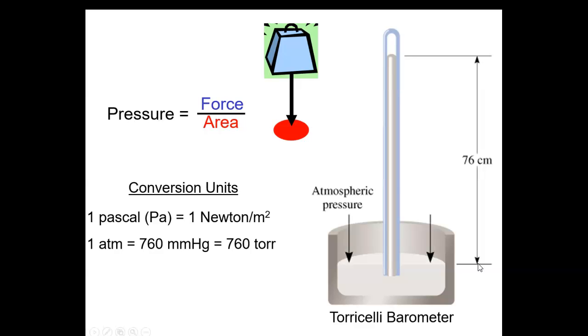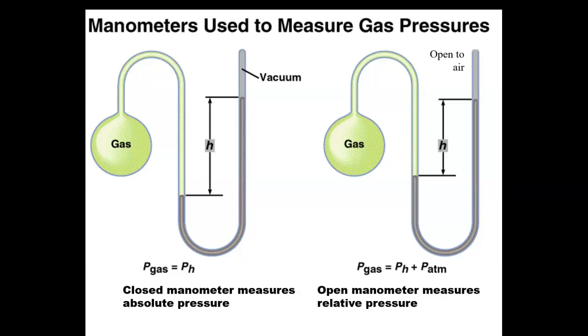And the millimeter of mercury is also called a torr. An atmosphere is also equal to 101,325 pascals, or 101.325 kilopascals. We usually just say 101.3. So those are units of pressure you may see in problems.